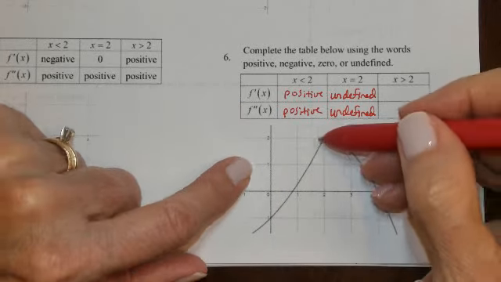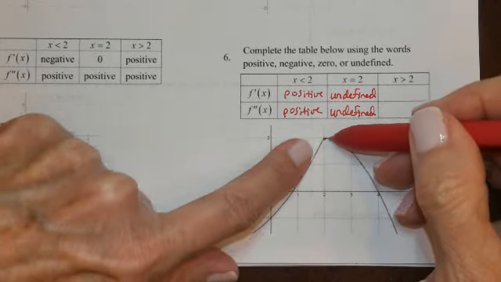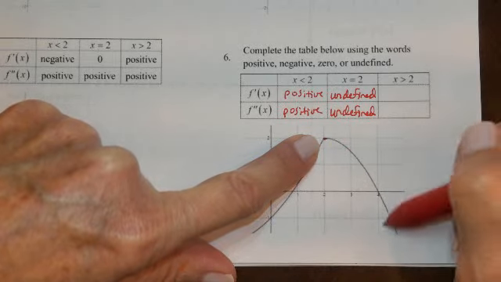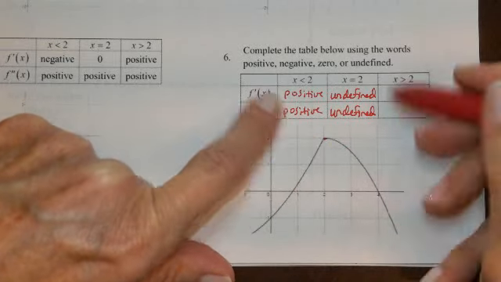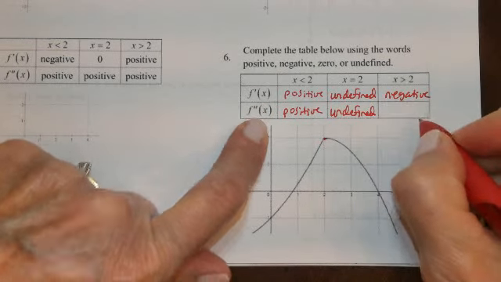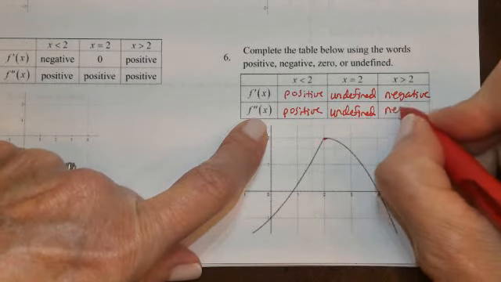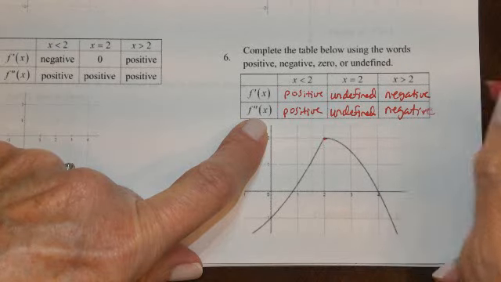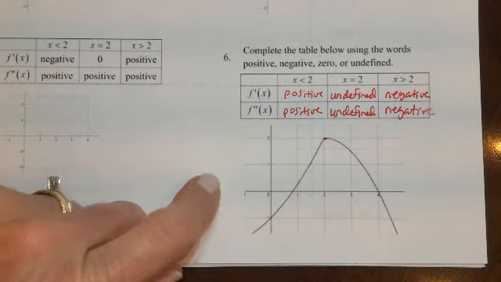At x equals 2 on, we are decreasing and concave down. So f prime is negative since f is decreasing. f double prime is negative since f is concave down.